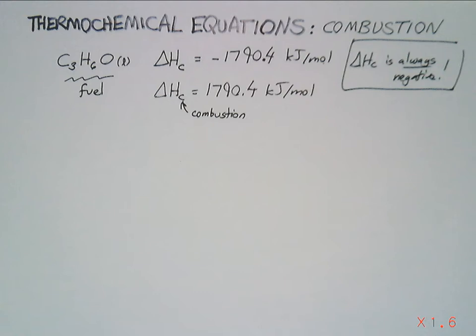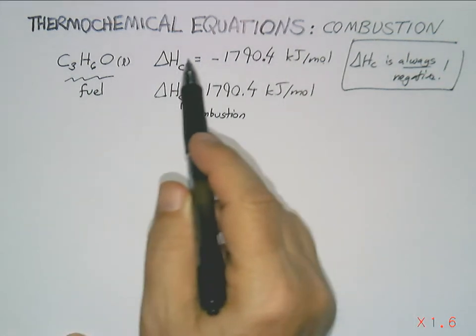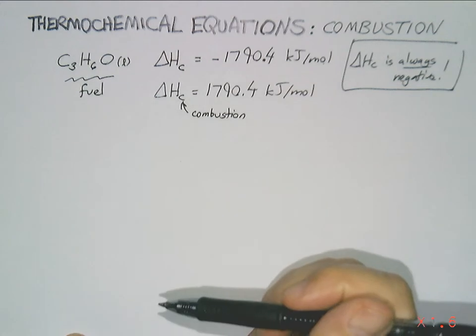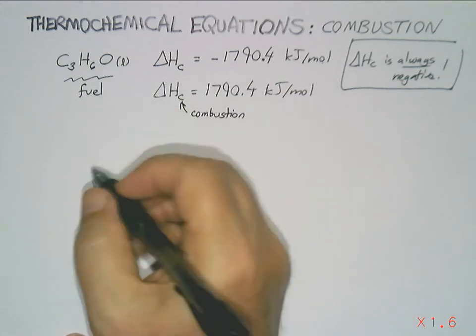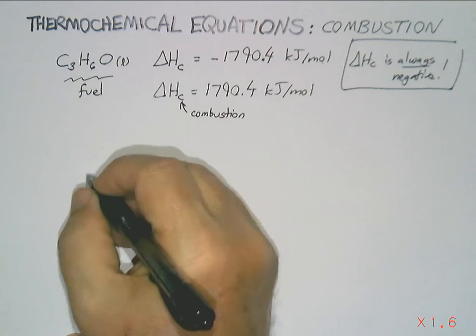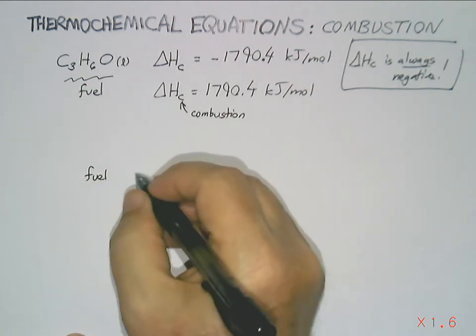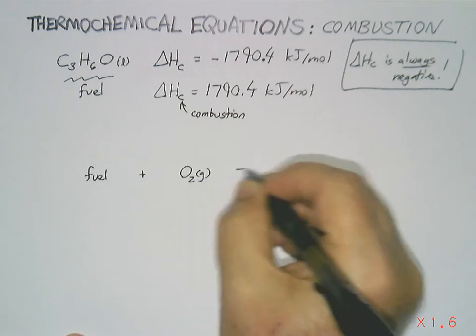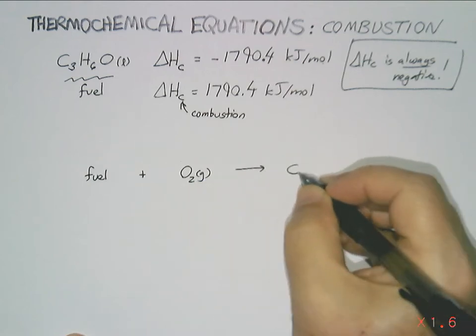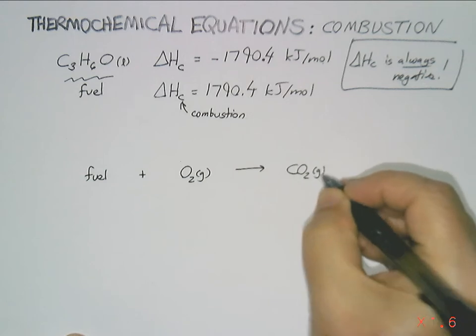Now let's write out the thermochemical equation for this. Think of them as giving you the thermochemical equation in a kind of a code here. If this is the fuel, here's a template for combustion reactions that you can use. You can take the fuel and react it with oxygen gas. And that's going to give you, all the carbon in the fuel is going to turn into carbon dioxide gas.